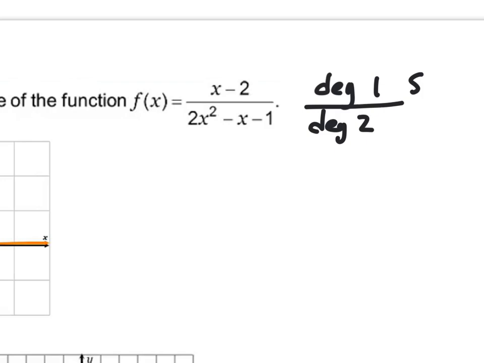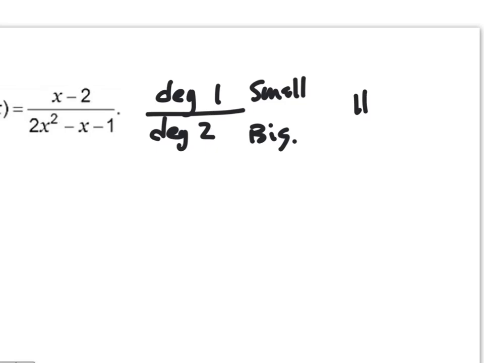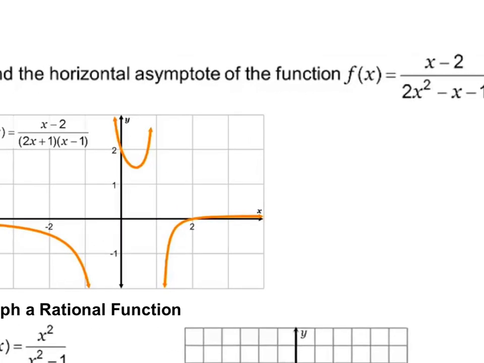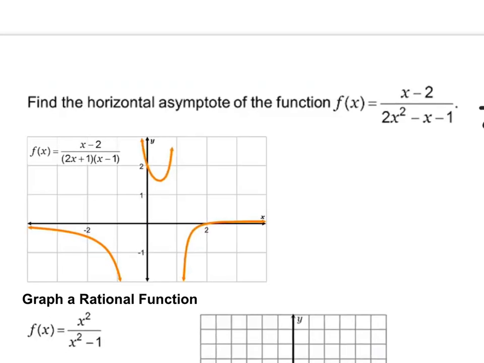So because this is small over big, my horizontal asymptote is at the line y equals 0. You can tell that as x goes to infinity and negative infinity, we are approaching the line of 0.